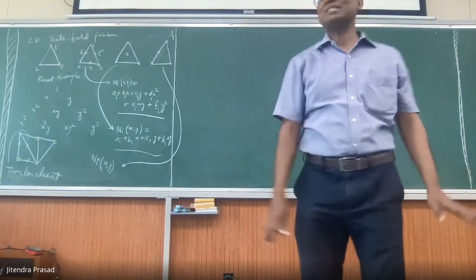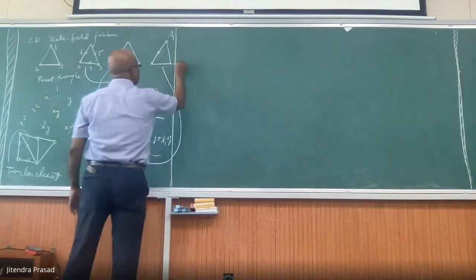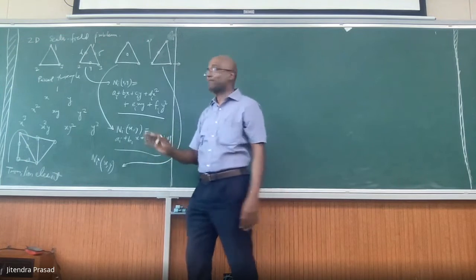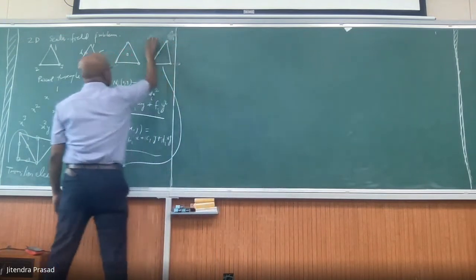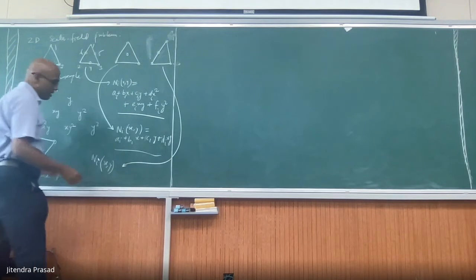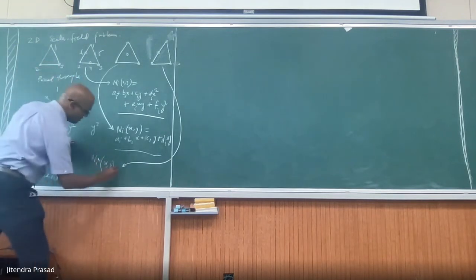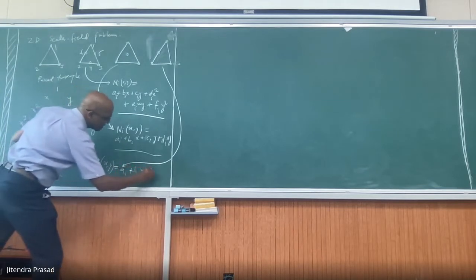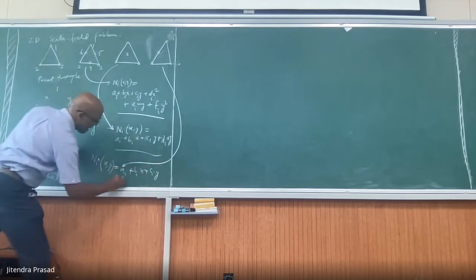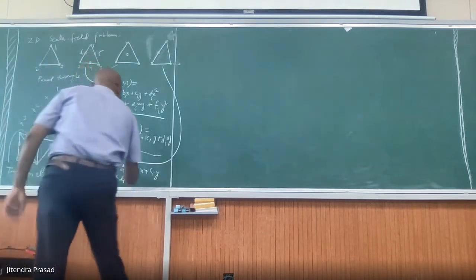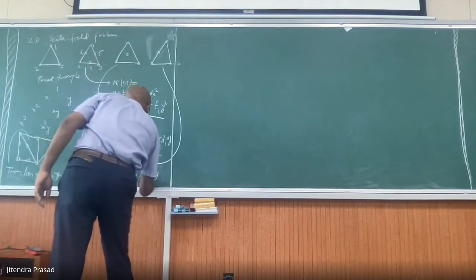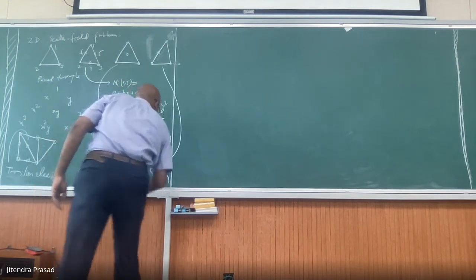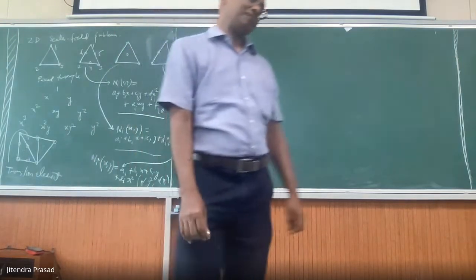Also, if you have x here and y here, then you may have to take the xy term, and so on. It depends on the orientation, and accordingly you have to solve it. When you solve it, you can find it. But you have to check, you have to try basically. So in that case, you will say this is ai plus bix plus ciy plus di, and it could be either x square or y square or xy. You have to check depending on the problem, and you can find out.